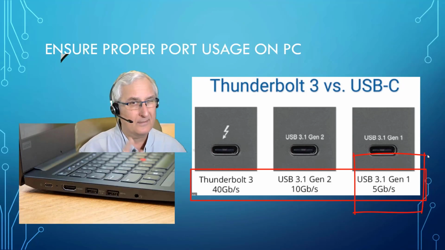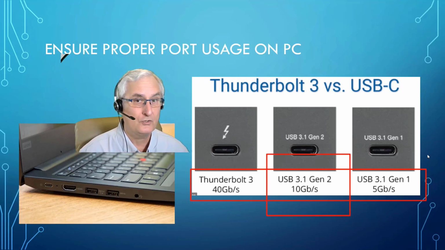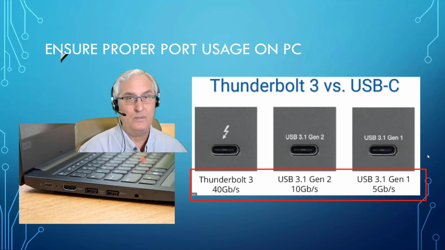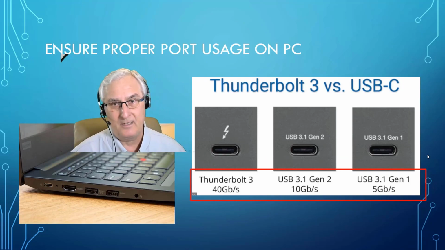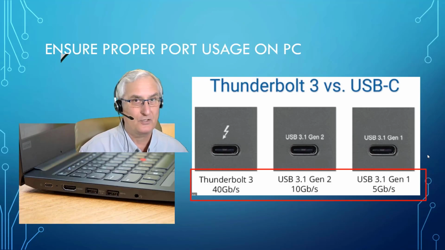But now, sneaking up here, there's a new standard coming out, and it's 3.1 generation 2, and that is 10 gigabits per second. Well, what's the difference? Big deal. USB 3.1, that's both there, but one's generation 1 and one's generation 2.